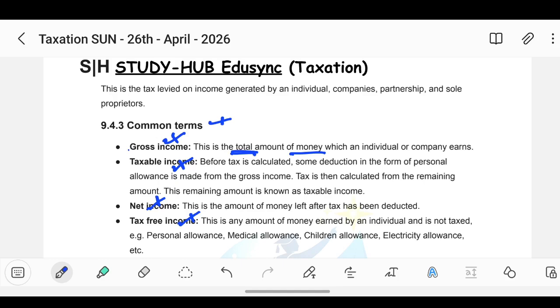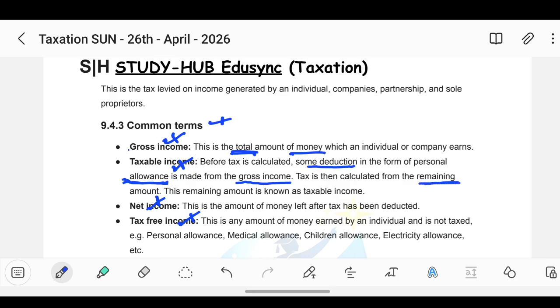Then for taxable income, before tax is calculated, some deduction in the form of personal allowance is made. These deductions are the personal allowances. So that deduction is made from the gross income. Tax is then calculated from the remaining.